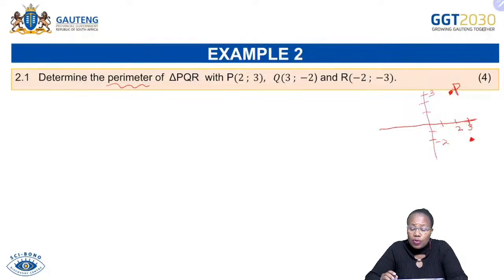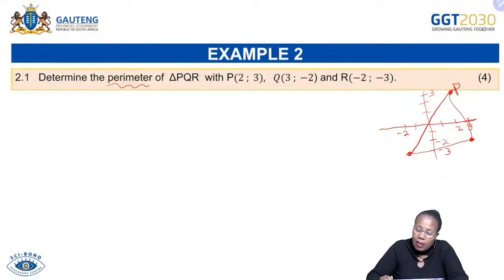And then you have -2 coordinating with -3, and that gives us a point there. That means we are having a triangle like that one. Okay, great. At least you have a picture of what you are having now.